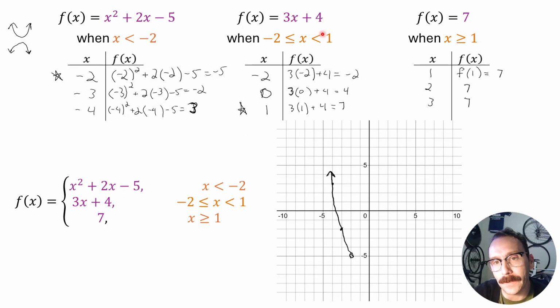Right, the next function here was the 3x plus 4. Let's go ahead and plot these points on our graph. So when x is equal -2, the output of this guy was -2. And so I think that's going to be right here. Okay. And then the next value we plugged in was 0.